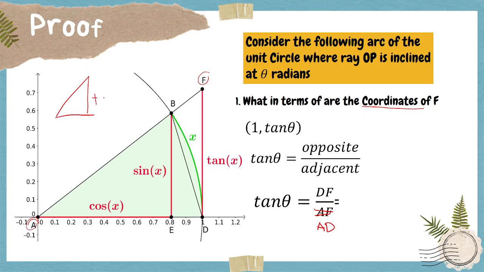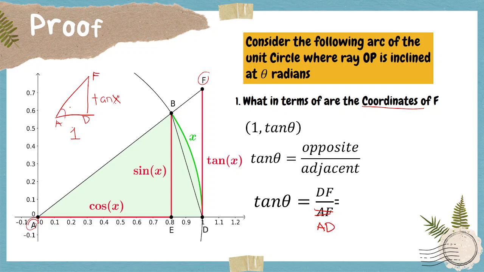This is tan x, right? We have A to D, and we have F to D. Tangent theta, what is AD? What is the length of AD? This is a unit circle, so therefore the length of AD is 1.